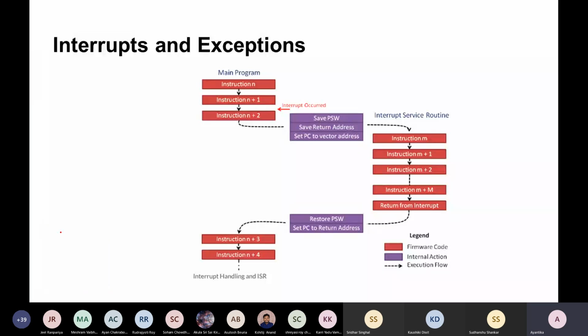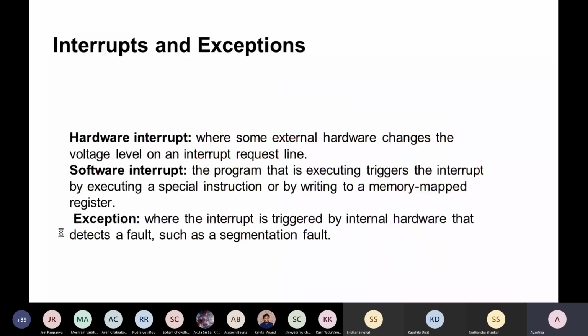When we are talking about interrupts, there may be three types of interrupts. One is hardware interrupt, one is software interrupt, one is exception. Hardware interrupt means when some external hardware changes the voltage level of the interrupt request line. Every processor, if you have worked with any processor, has some interrupt line.